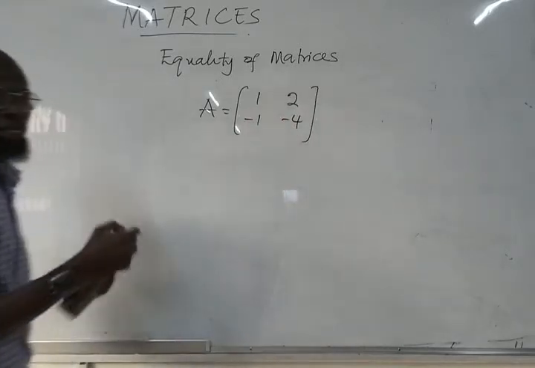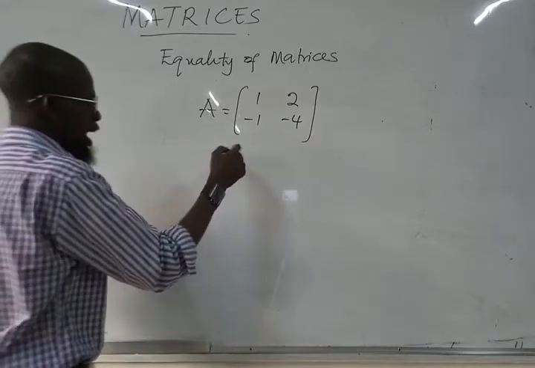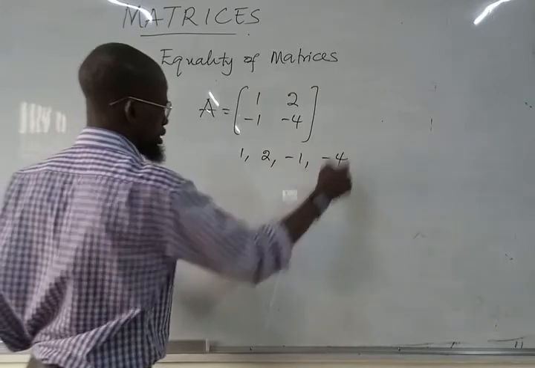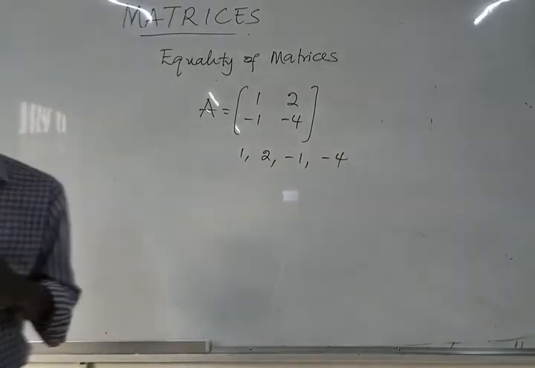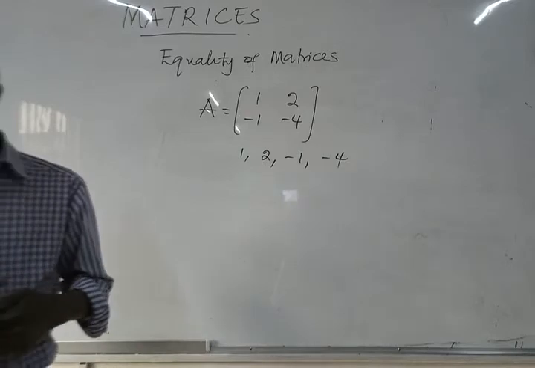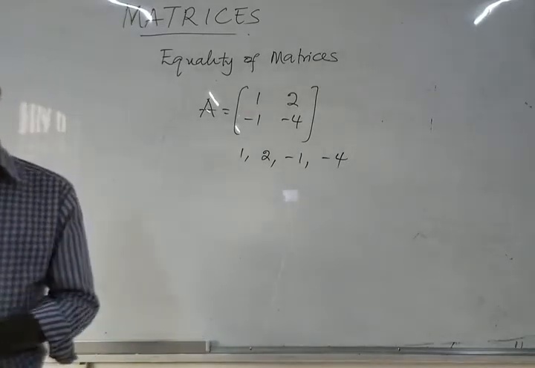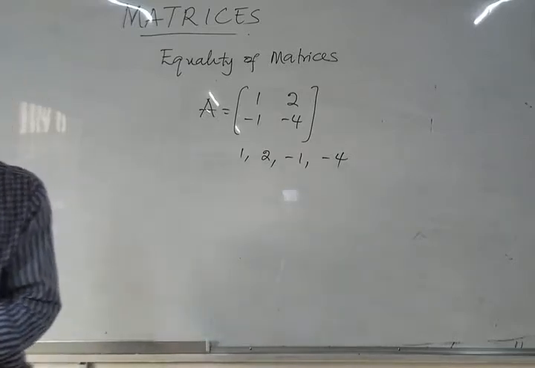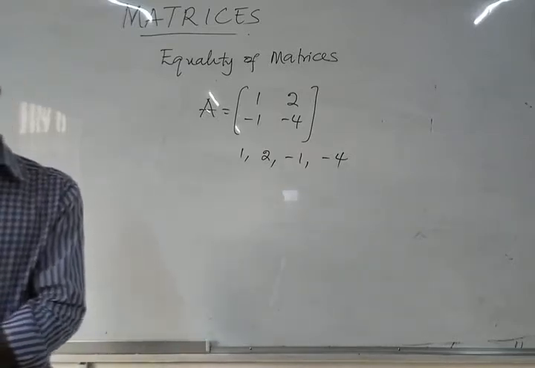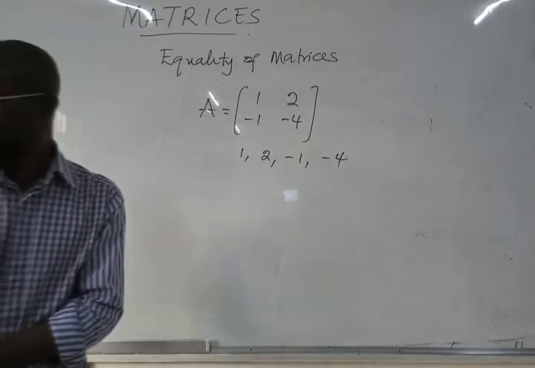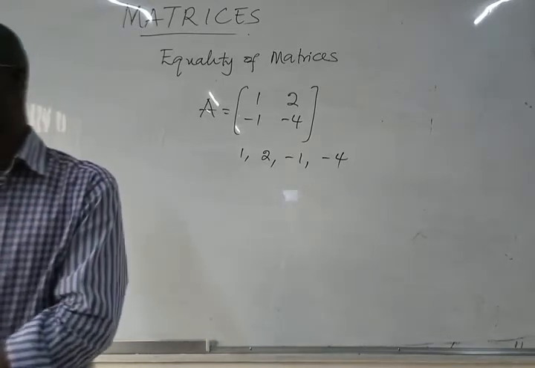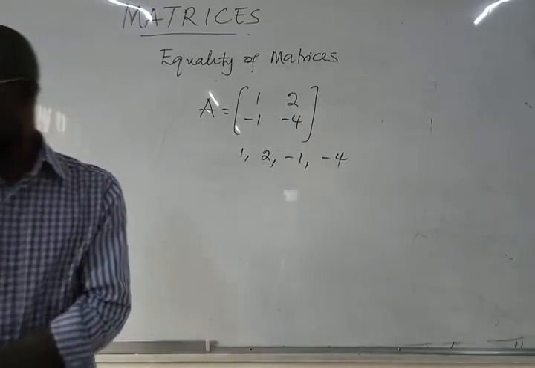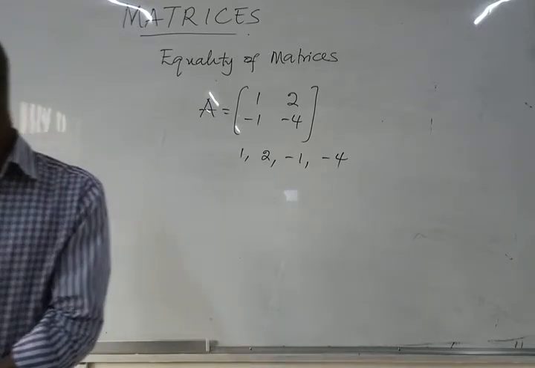The elements of this matrix A are 1, 2, -1 and -4. So we can now say that two matrices, A and B for example, are equal to each other only if matrix A and matrix B have the same number of rows and the same number of columns.